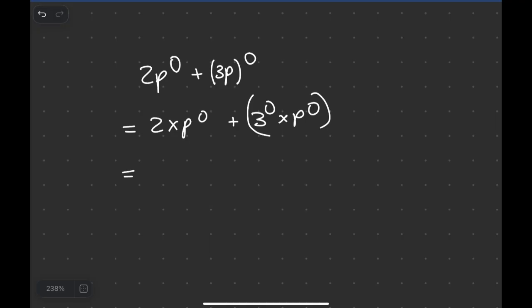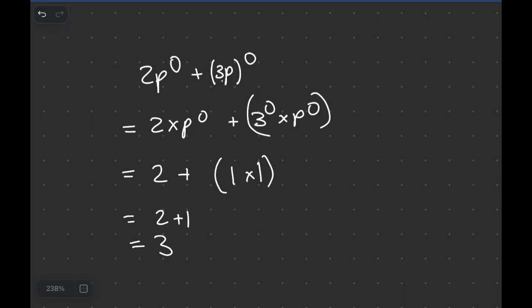You get 2 times p to the 0 is 2, plus 3 to the 0 is 1, times p to the 0 is 1. So it's just 2 plus 1 is equal to 3. So when you see this in brackets and the exponent is 0, just know that it's 1. The final answer is 3.